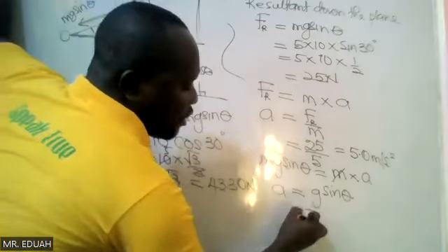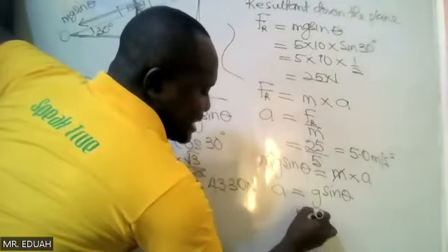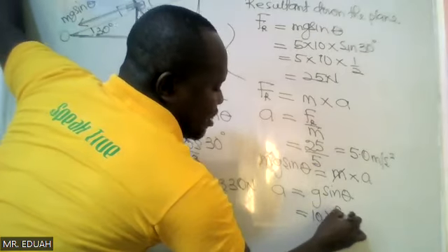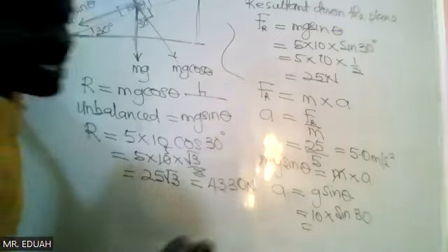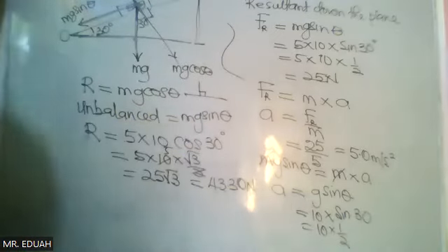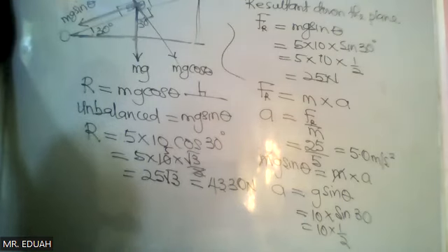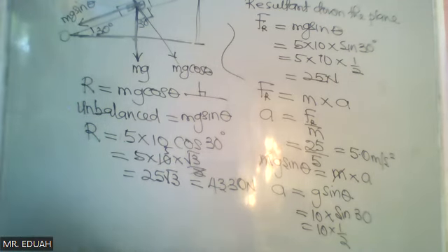If you are a fan of formula, then this is another way. So this is 10 times sine of 30. Since sine 30 is half, I have 10 times half, and the value is the same, 5 meters per second squared. I hope there's no question.